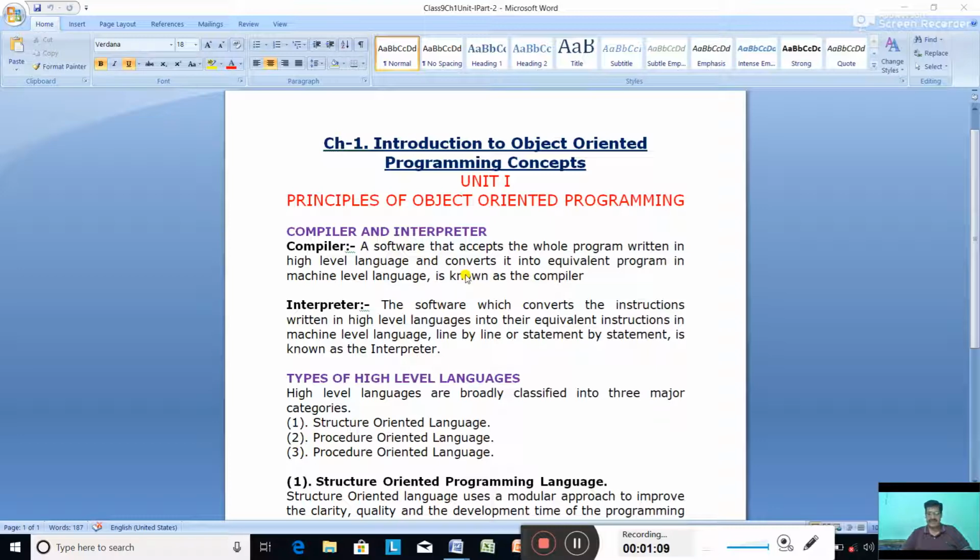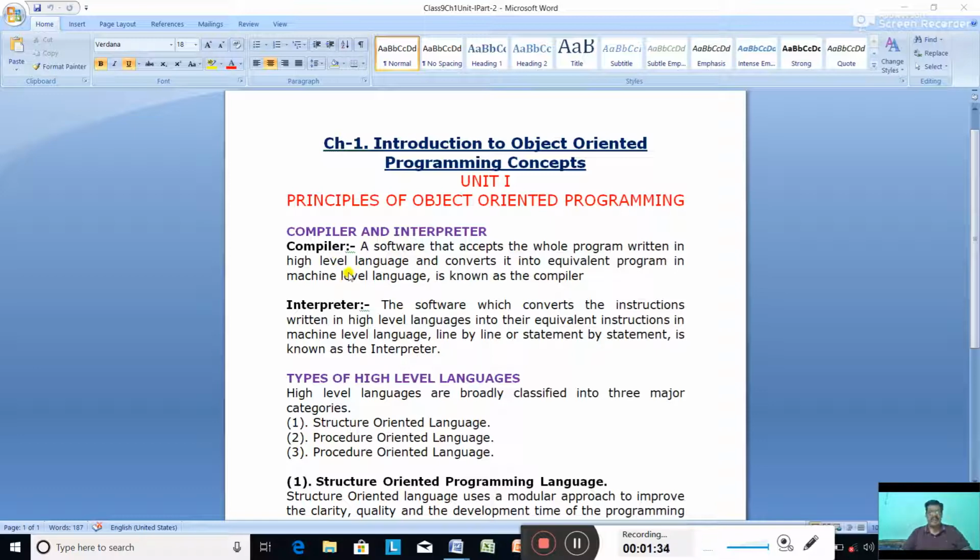Debugging must be done. So the program written in high level language is called source program or source code, and its conversion to machine level language, that is the binary code or object program, can be done in two ways, either by using a compiler or by an interpreter.